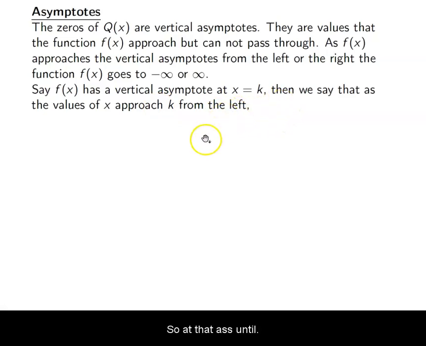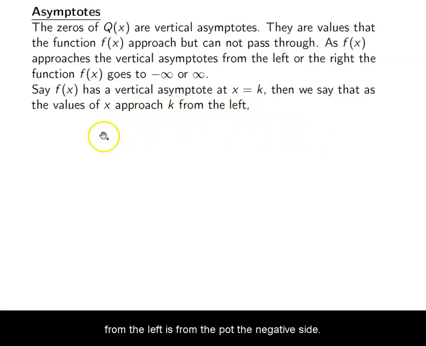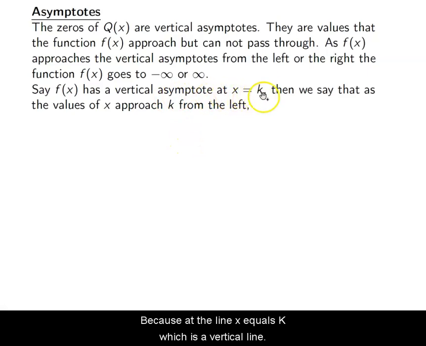So at that asymptote, we have to talk about what happens as we come from the negative side towards k, from the left, and what happens as we come from the positive side towards k, or from the right. We say from the left is from the negative side, because at the line x equals k, which is a vertical line, the negative values are to the left of that line.